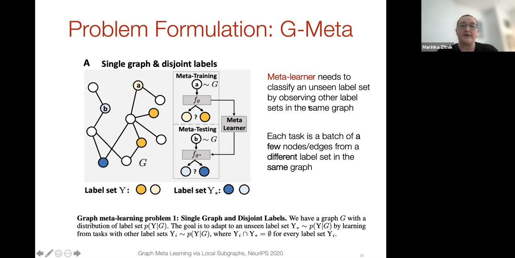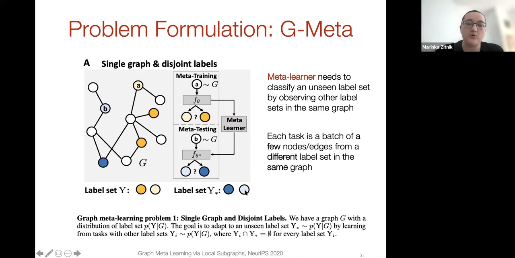And the way it can do that is by specifying a large number of training and test tasks, and then addressing those tasks in a kind of batch mode optimization. The problem formulation here is that the GMeta meta learner can classify an unseen label set, the blue one, by observing other label sets, the yellow ones, in the same graph.